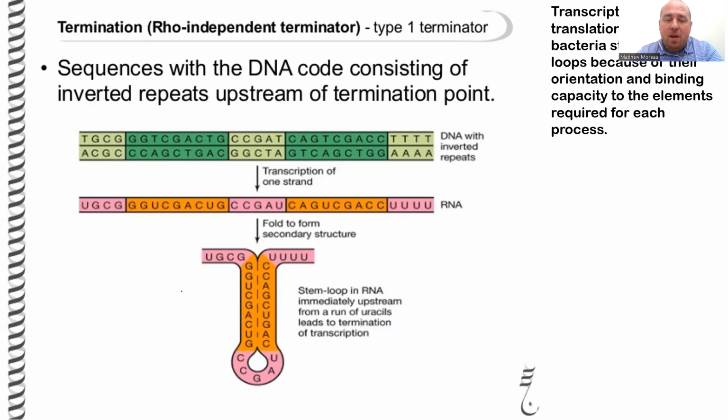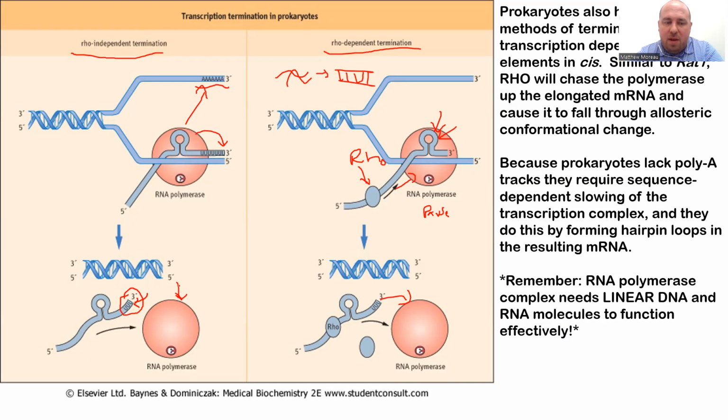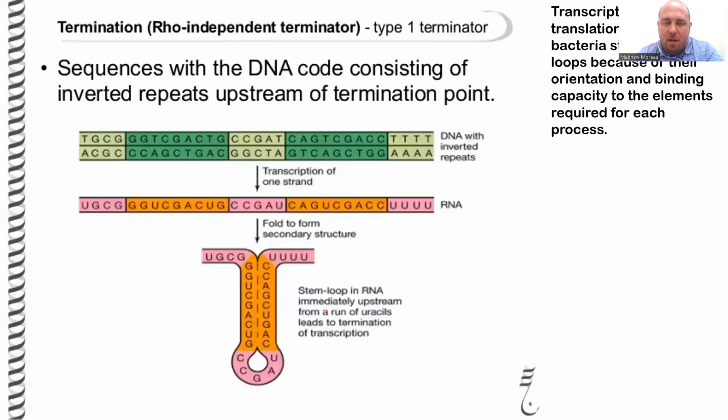So this is what that stem loop looks like for rho-independent termination. All right. So again, in both cases, you have these secondary structures that are made by the RNA. The rho-independent terminator again forms a secondary structure by way of a palindrome, right? So GG, CC, U, A, G, C, and so on and so forth.